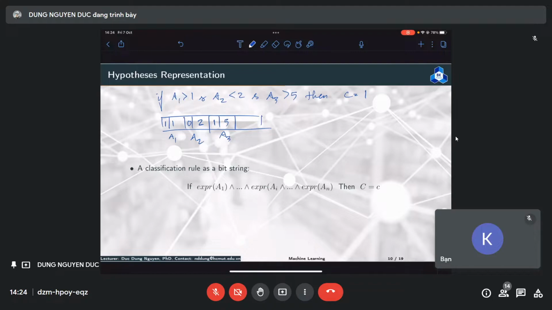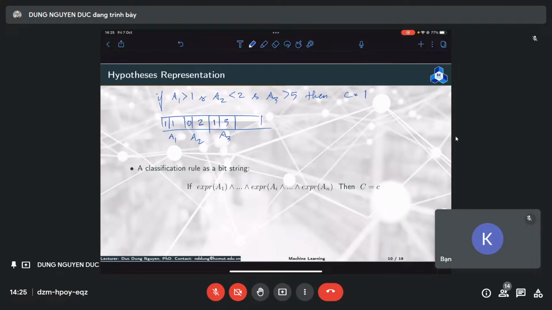So what you are seeing is a representation of those rules. I can classify a sample into class 1 if it satisfies the rules A1 greater than 1, A2 smaller than 2, and A3 greater than 5. So that is how we define the gene and chromosome.